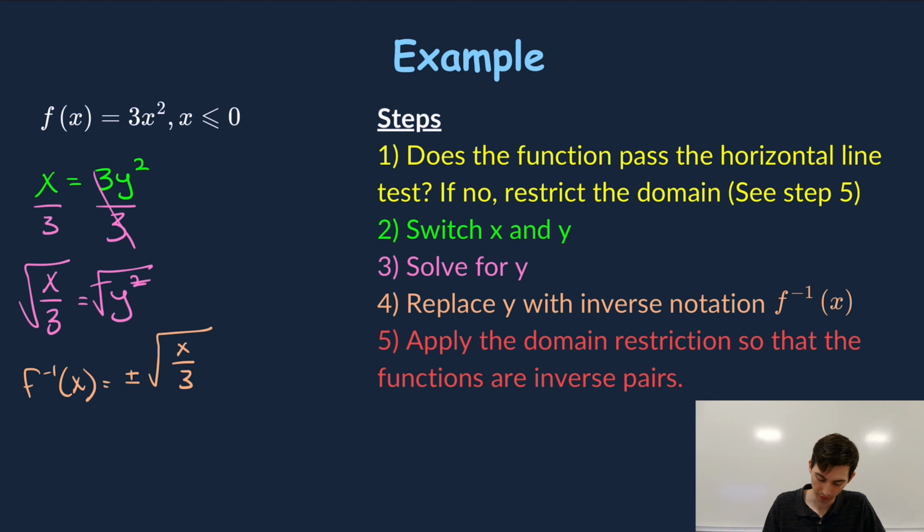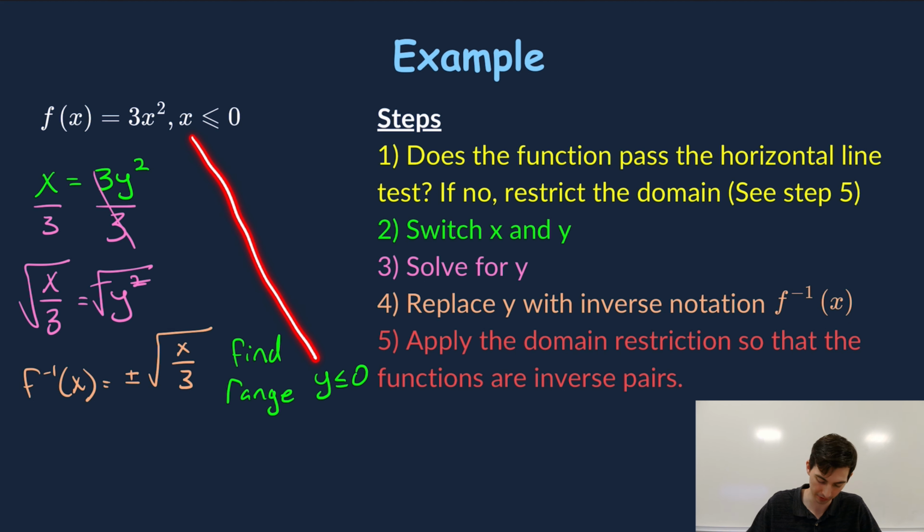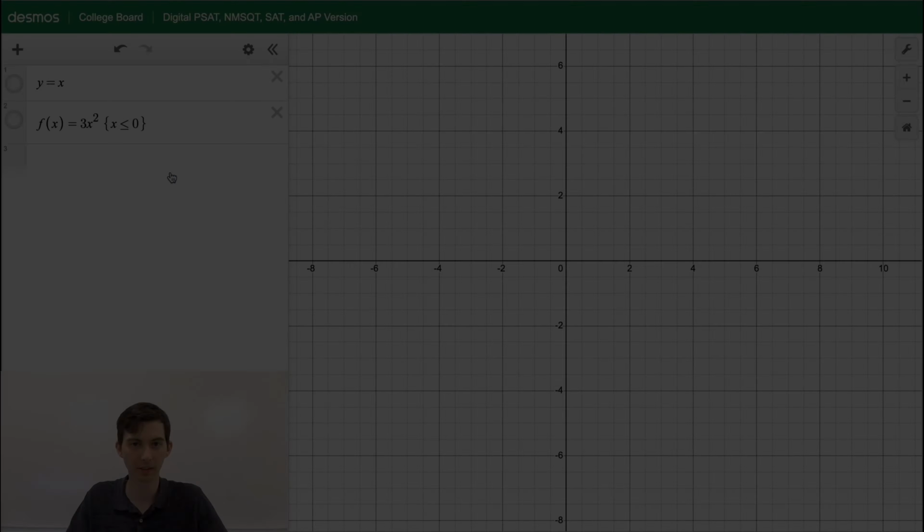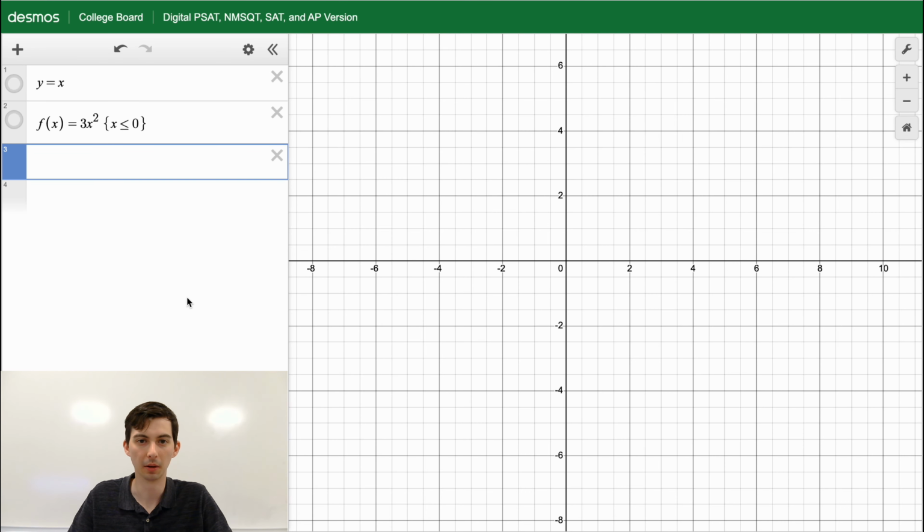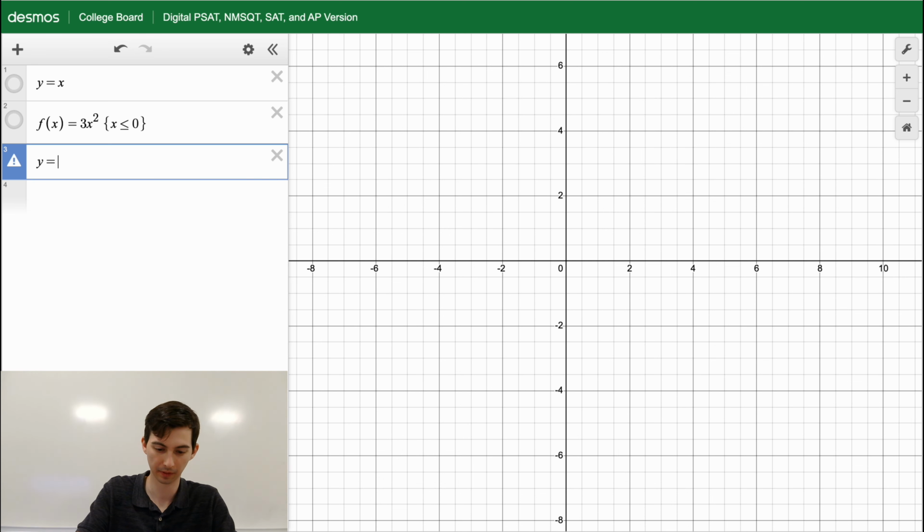And now we want to find the range with y is less than or equal to 0, because I'm just switching my x and y again, I'm switching my domain and range. So let's try this in Desmos now. What I'm going to do is type in both of my equations that I found.